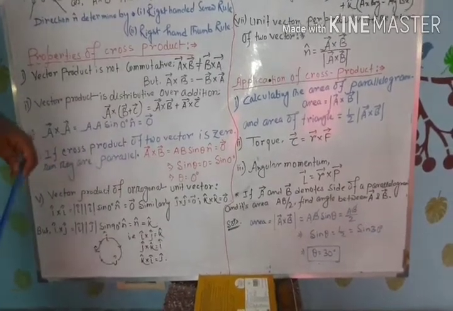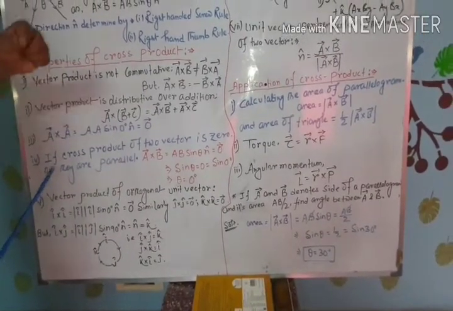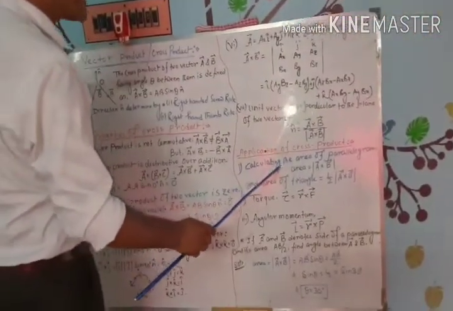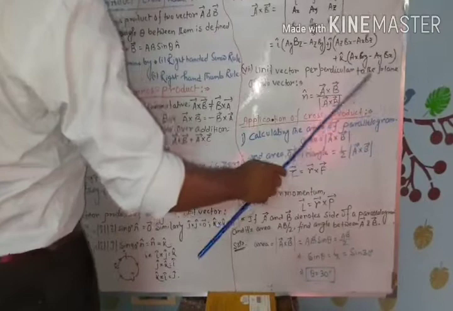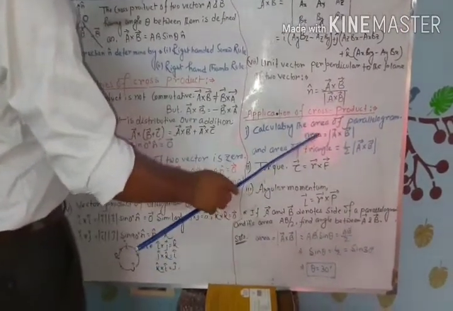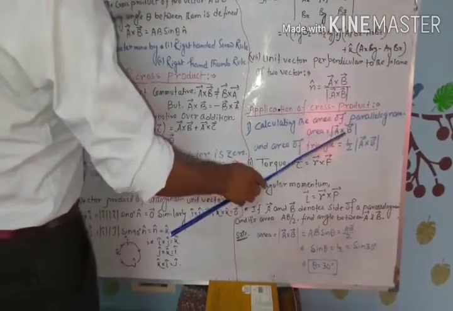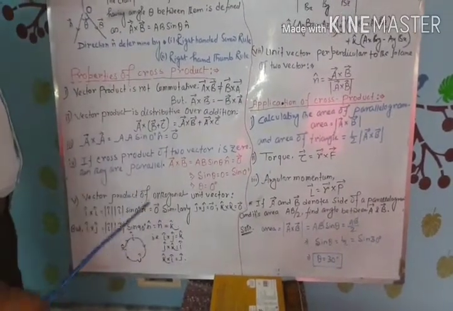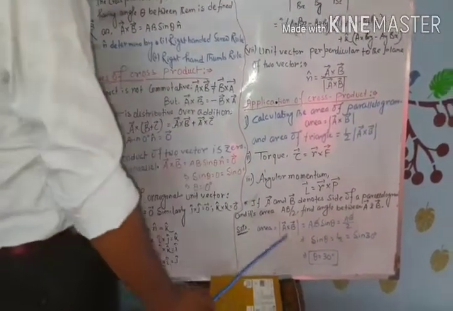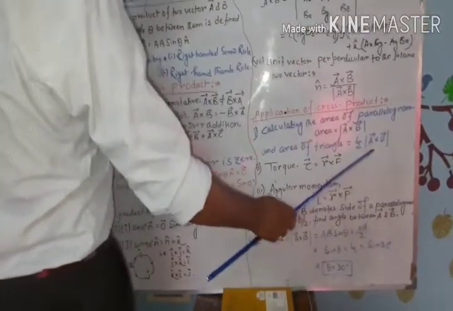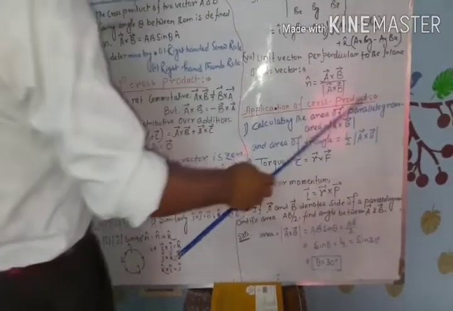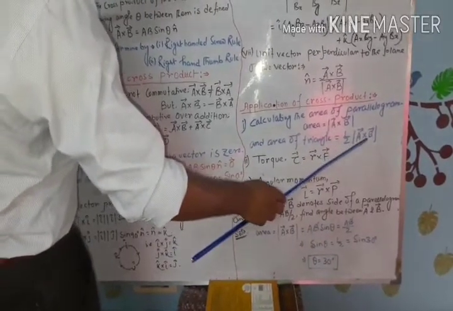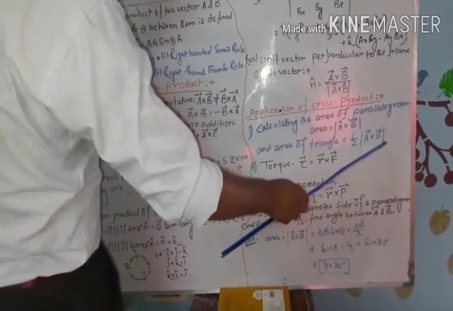If two vectors, suppose A and B, represent the two sides of a parallelogram, then the area of the parallelogram is given by mod of A cross B. Similarly, if the two sides of a triangle are represented by two vectors A vector and B vector, then the area of the triangle is given by half of mod A vector cross B vector.